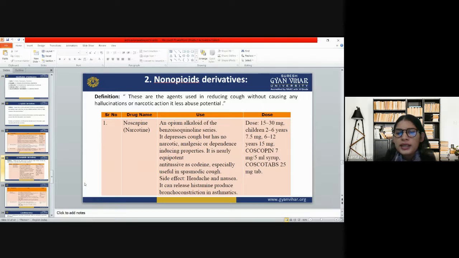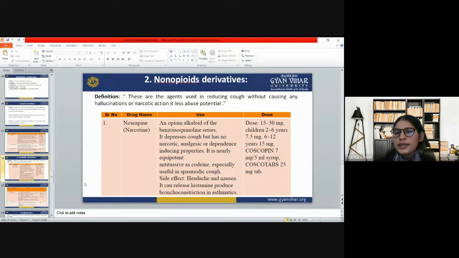It is nearly equipotent to codeine as an antitussive, especially useful in spasmodic cough, and its side effects are headache and nausea, but it can release histamine and produce bronchoconstriction in asthmatics, so it is not suitable for asthmatic patients.